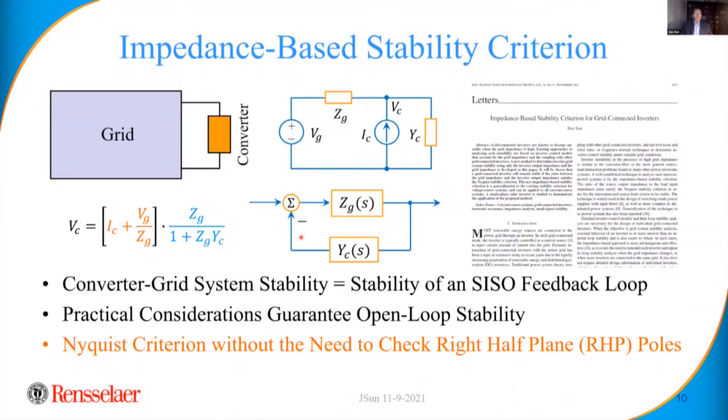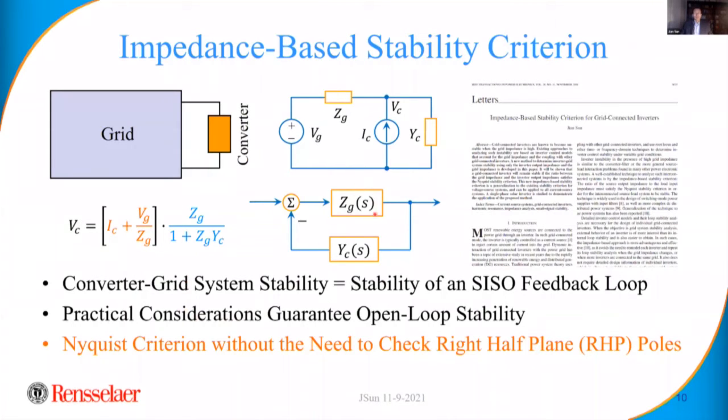Now, everyone knows how to determine the stability of this feedback loop, right? We just apply the Nyquist criterion. So that makes system stability analysis possible with small signal frequency domain models at the converter level. There's also another interesting aspect when we look at practical applications.